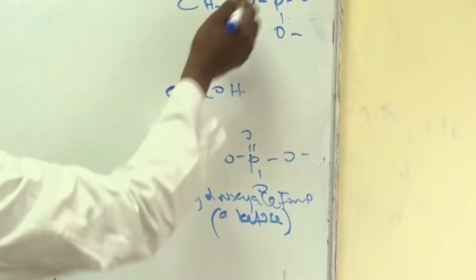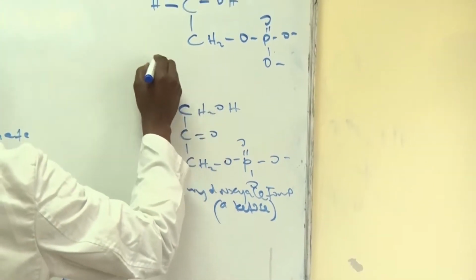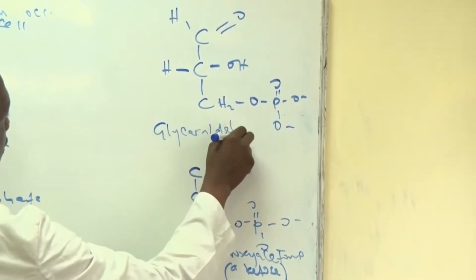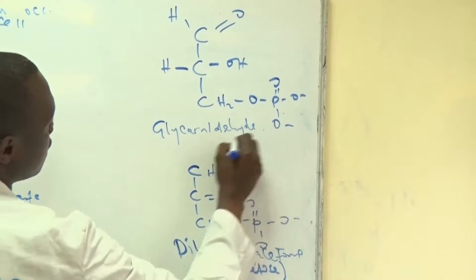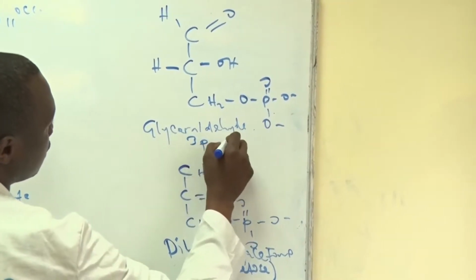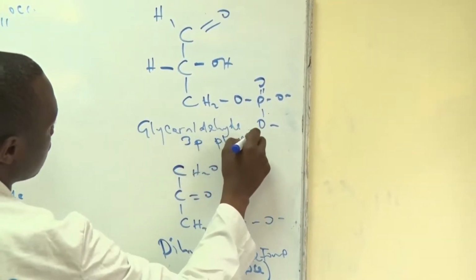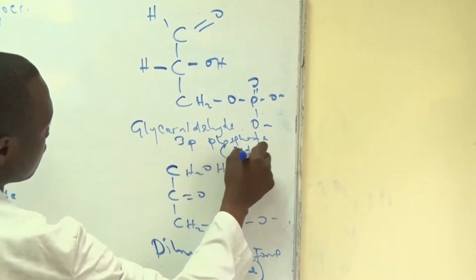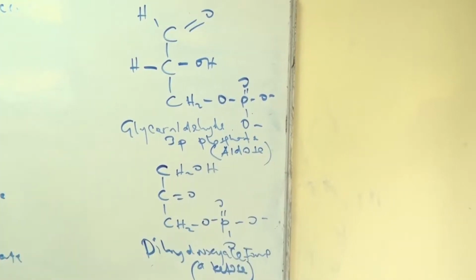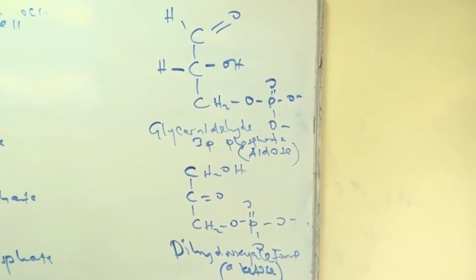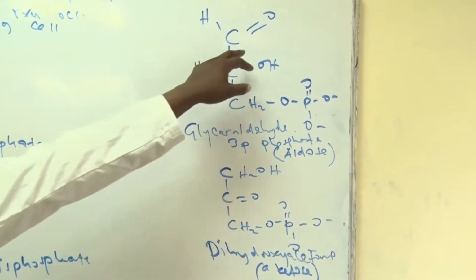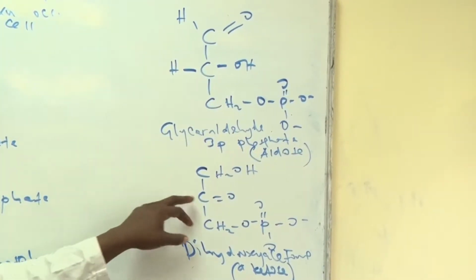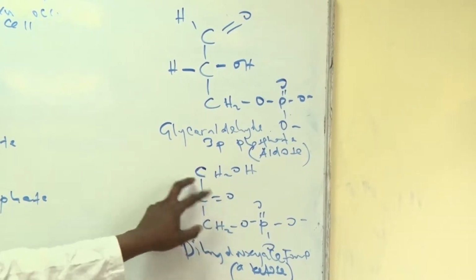This one is glyceraldehyde 3-phosphate, and it is an aldose. We said in our previous lessons that in aldoses, the carbonyl carbon is in carbon number 1, whereas in ketoses, the carbonyl carbon is in between the two carbon ends.